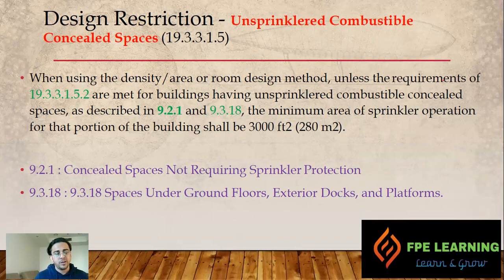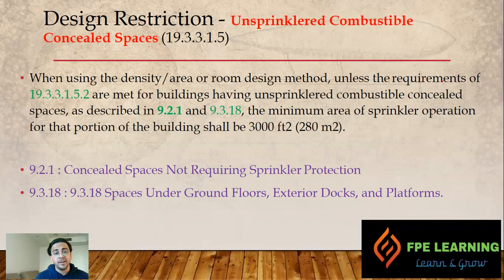Now those spaces are constructed by, let's say, passive fire protection systems, fire resistant materials, and all kinds of masonry walls, columns which have 2 hour or 4 hour fire ratings, or some kind of treated wood materials. That's all about the concealed space which does not require sprinkler protection. So again, I would recommend you guys to watch my videos on concealed space not requiring sprinkler protection for those areas, right? And 93118 talks about a space under ground floor or exterior docks and platforms. We don't need to add that one.